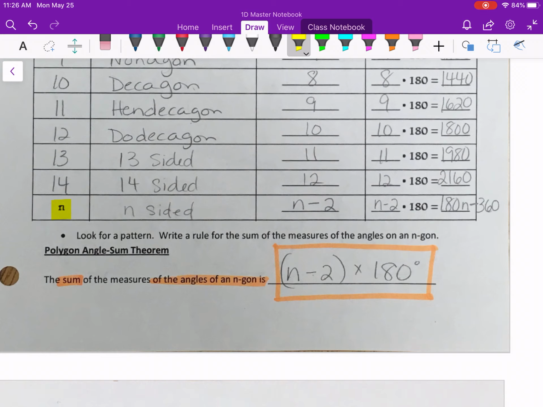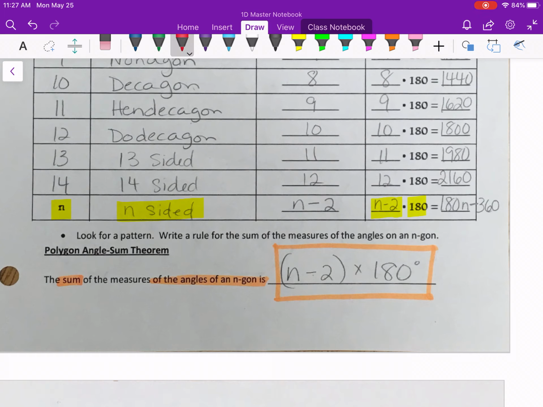So what we do is we multiply the number of sides of the shape, we take away 2 from that, n minus 2, times 180. And that will always give us the interior angles of a shape.